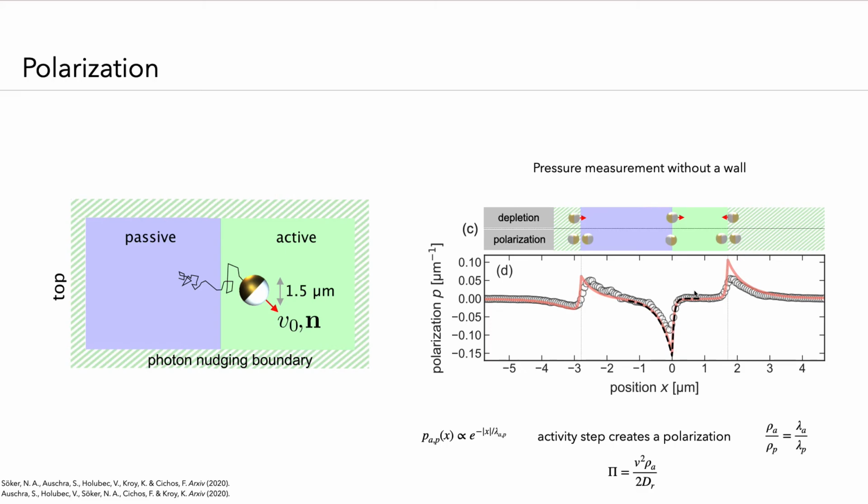And this kind of exponential decay looks like the photon nudging sedimentation problem we actually had earlier. So the decay length will have to do something with the activity or the density. The ratio of that exponential function here and that exponential function there is the same as the density ratio between the active and the passive side, right?